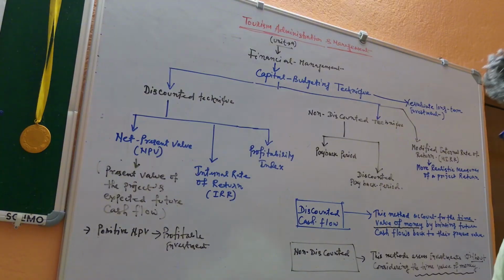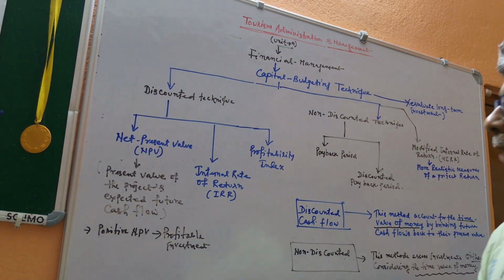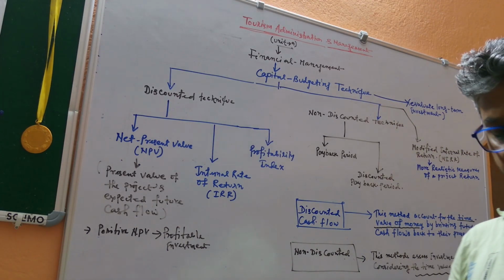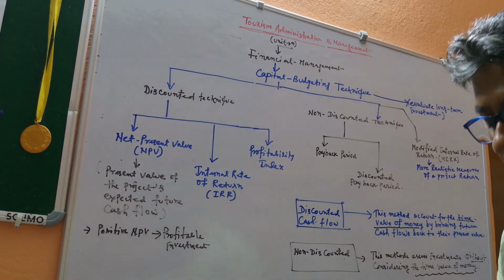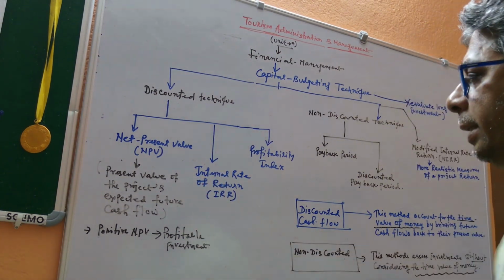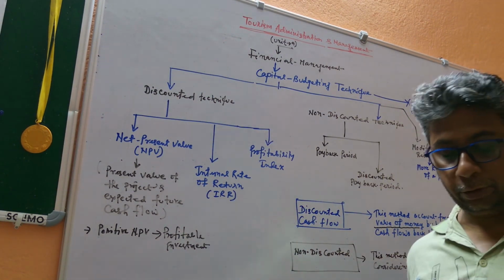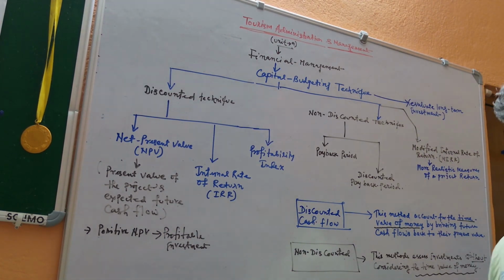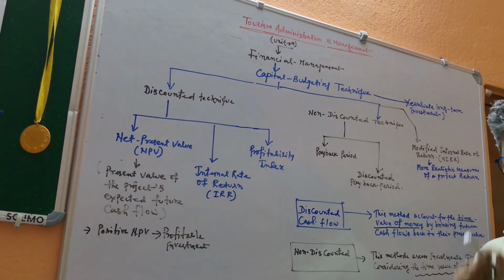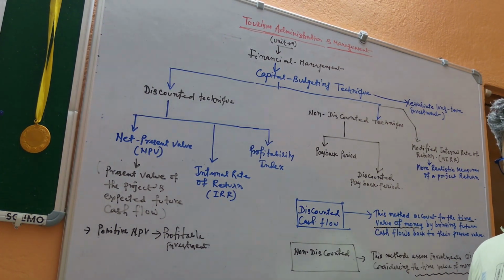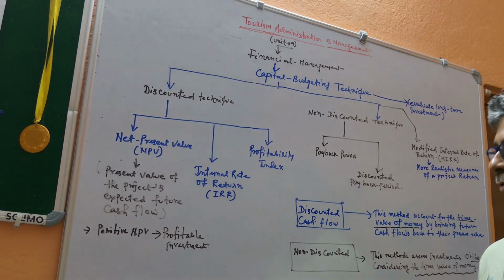Now we have to understand the net present value method. The net present value method is the present value of a project's expected future cash flow. This is very important. The technique calculates the present value of the project's expected future cash flow, subtracting the initial investment.